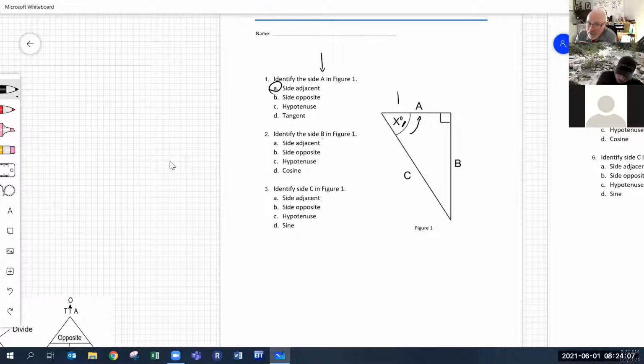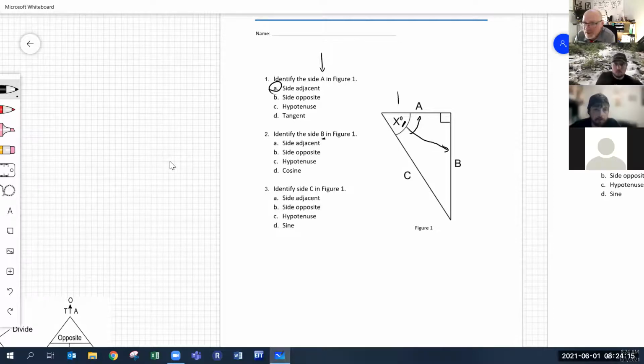So what about B in this figure? B is going to be the side opposite. And of course, C in here is going to be the hypotenuse. I can't emphasize enough the importance of identifying your triangle terminology, okay? Because it sets us up to do these correctly.